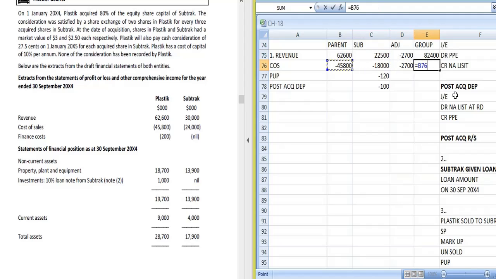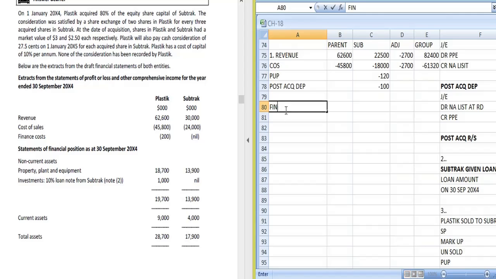We will just add the cost of sales of parent and subsidiary, and we will also add the PUP amount and the post-acquisition depreciation, and we will subtract the intra sales because we need to eliminate this. So 61,320 is the cost of sales.